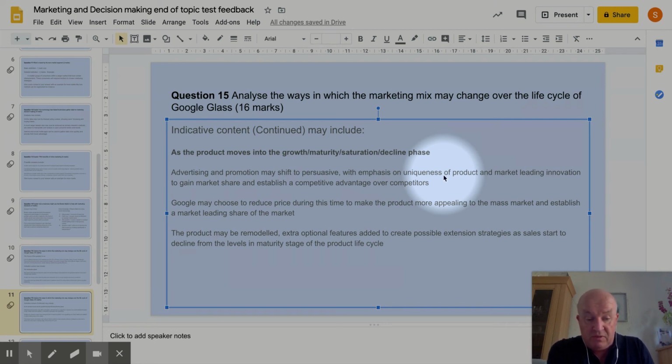And clearly that would be designed to try to gain market share and establish some sort of competitive advantage over any competitor products. The thing that Google should also be thinking about is choosing to maybe reduce price during this time in order to make the product a bit more appealing to the mass market and establish a market-leading share of what was a very new and different market, okay?